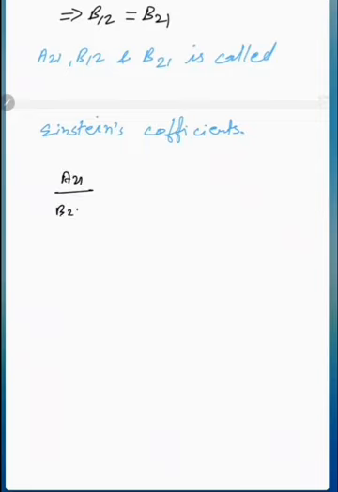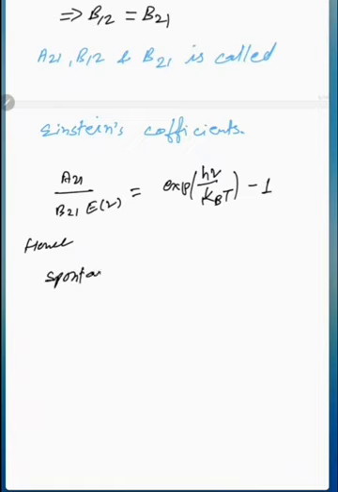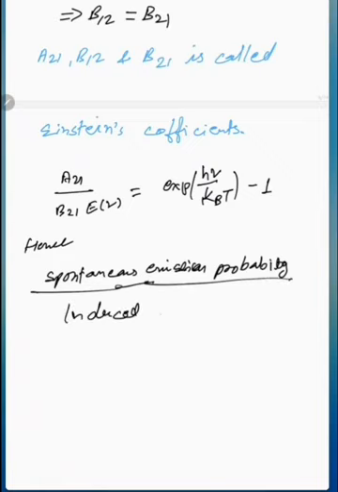Now from equation 6, we can write A21 upon B21 E nu is equal to exponential h nu by KBT minus 1. Hence, we can write it as spontaneous emission probability upon induced emission probability.